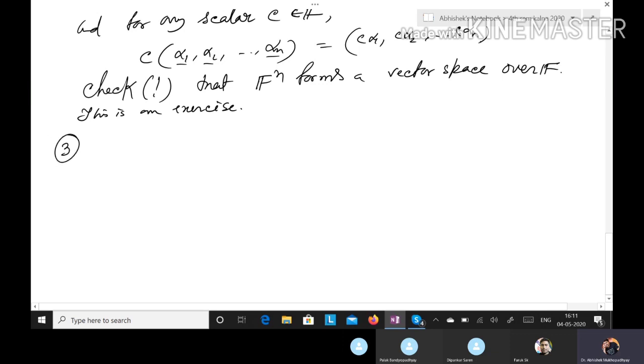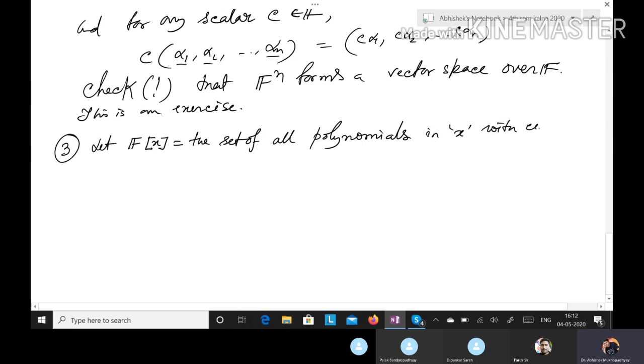Now number 3. Let F[x] be the set of all polynomials in x with coefficients from the field F. So this F[x] is actually an integral domain, right?